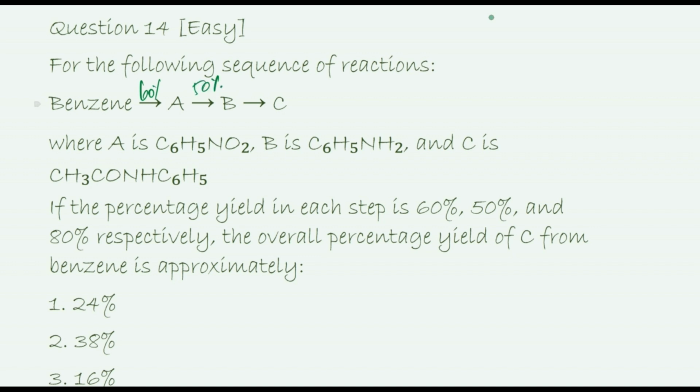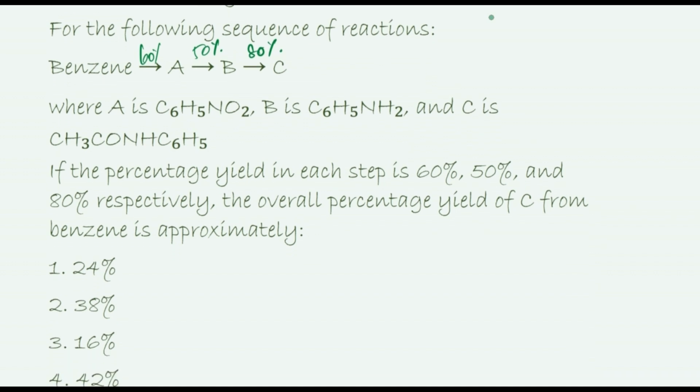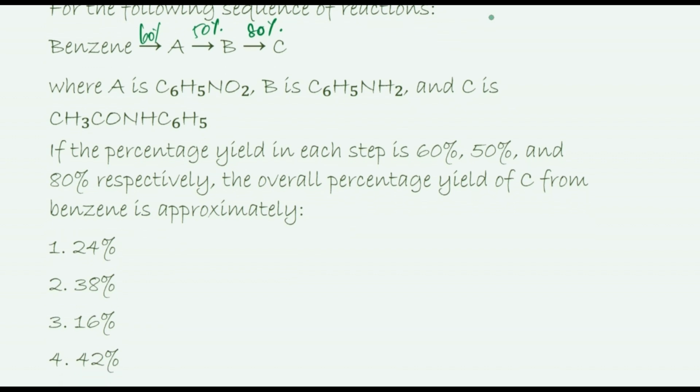The overall percentage yield of C from benzene is approximately? So you can see benzene to A formation, that is 60. Nitrobenzene to aniline, that is 50, and aniline to finally CH3CONHC6H5, the acylation process, that gives 80%.